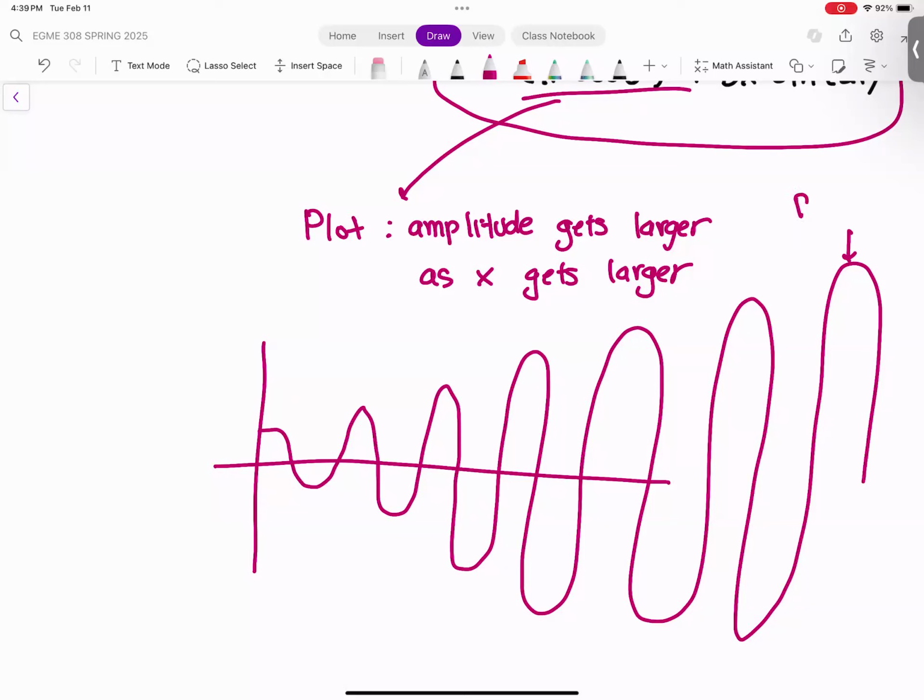Just like I mentioned before, eventually you're going to reach a point with resonance where your entire system just fails or breaks. Any questions on how this result was obtained here?